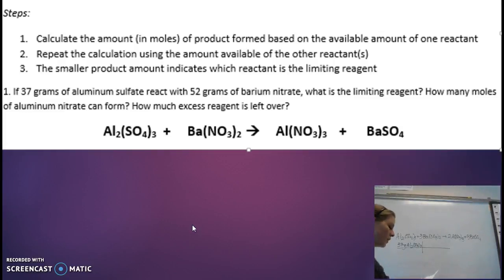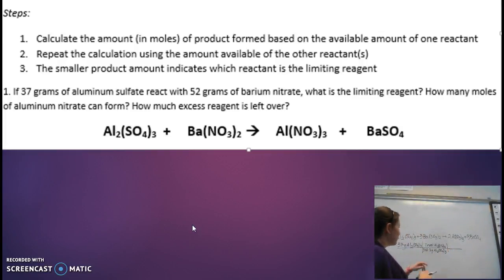Okay. Now, we're going to need to get from grams to moles because we can't compare anything unless we're in moles. So you're going to find the molar mass of this, which is 342. And that's in 1 mole. Okay, now we're interested in figuring out product. Generally you could pick either one, but it says how many moles of aluminum nitrate can form, so we're going to want to essentially just pick aluminum nitrate.